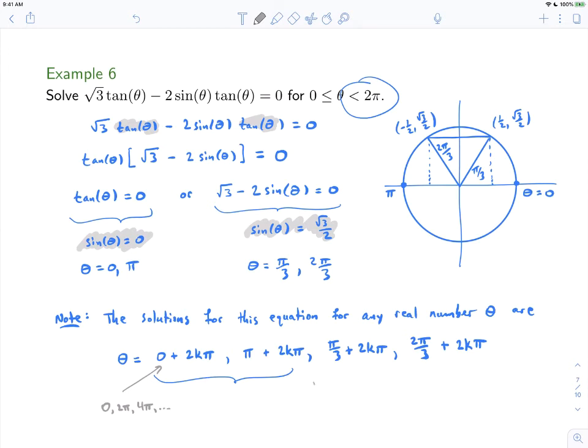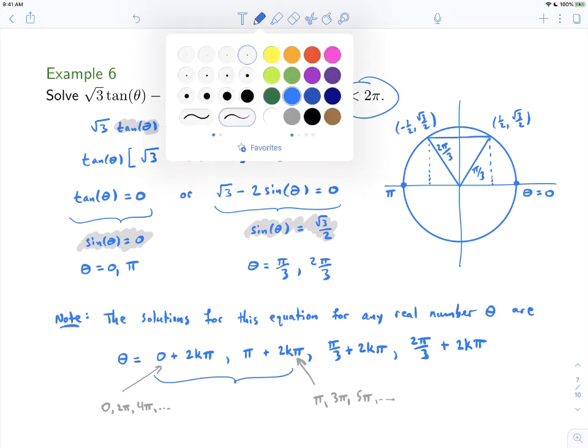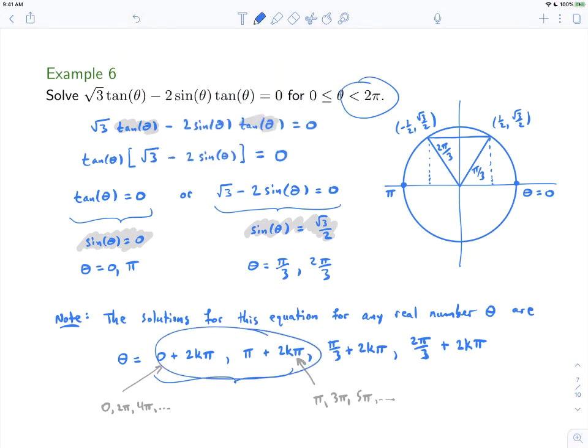This one, on the other hand, is pi and 3 pi and 5 pi and so on. And also we can have plus or minus this, so it could be plus or minus 2 pi, plus or minus 4 pi, and so on. But notice it's actually just all of the integer multiples of pi. So collectively, these solutions can just be written as k times pi, where k is any integer.